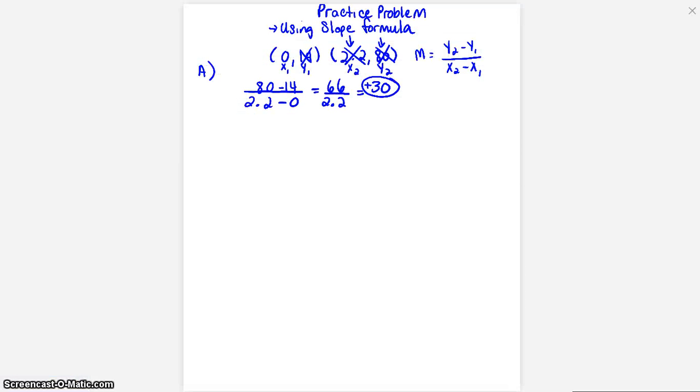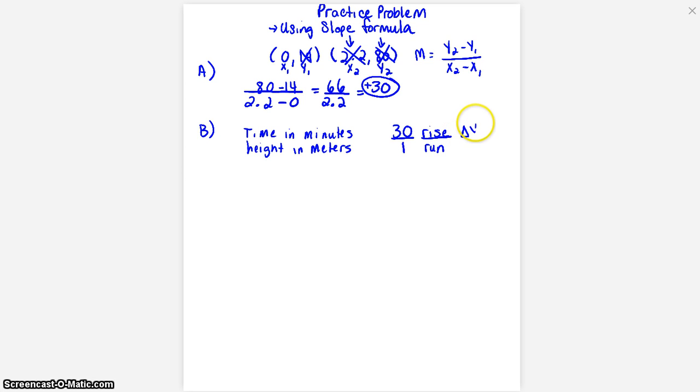Okay? Let's go back over here. So what does that mean? Our time was in minutes, the number of minutes, and our height is in meters. So our slope is 30, right? We can always write that as a fraction. And remember what I told you, the rise over the run, or the change in y over the change in x.